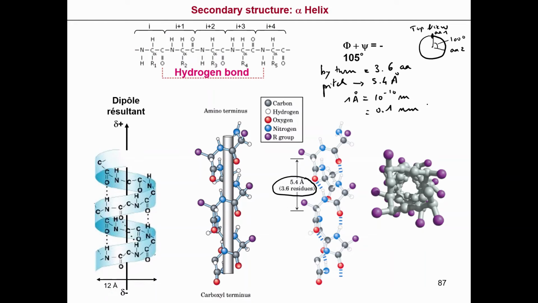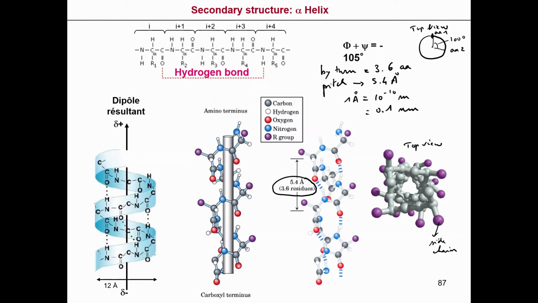Is it okay? So here you have also a top view of your helix. And you can see the side chain in violet, the side chain of each amino acid. It means that all the side chains of the amino acids are outside the helix. Okay, and it will be very important because we can have interaction between the side chains of each amino acid, and we can have interaction between the alpha helices.